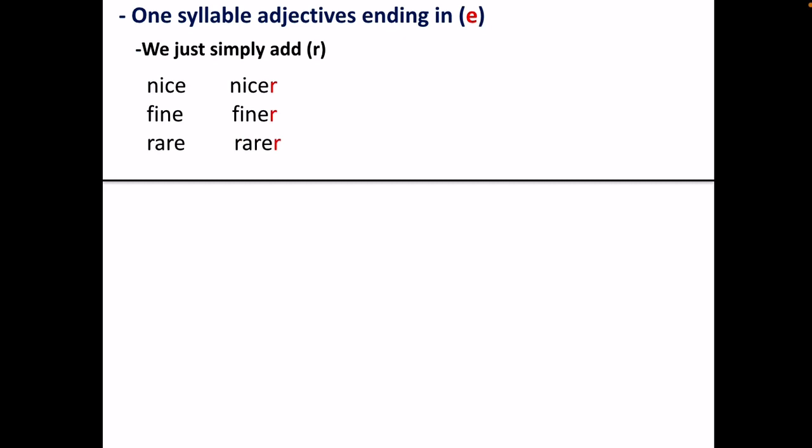We just add r because the e is already there, so we don't need to add another e and make a double e. Only add r at the end of the adjective ending with e so that we can change it to a comparative adjective. Let's see an example. Gold is rarer than silver. Rare means scarce, rarer than silver.